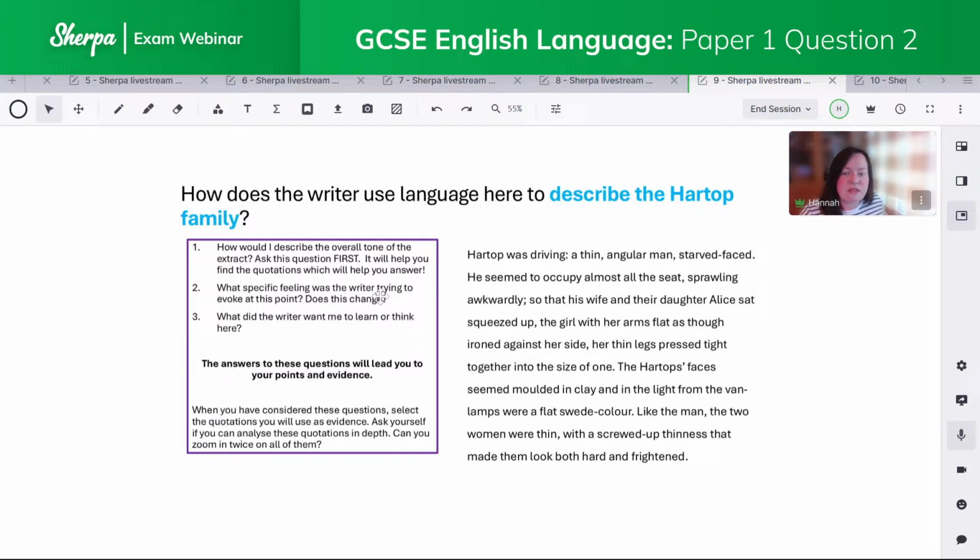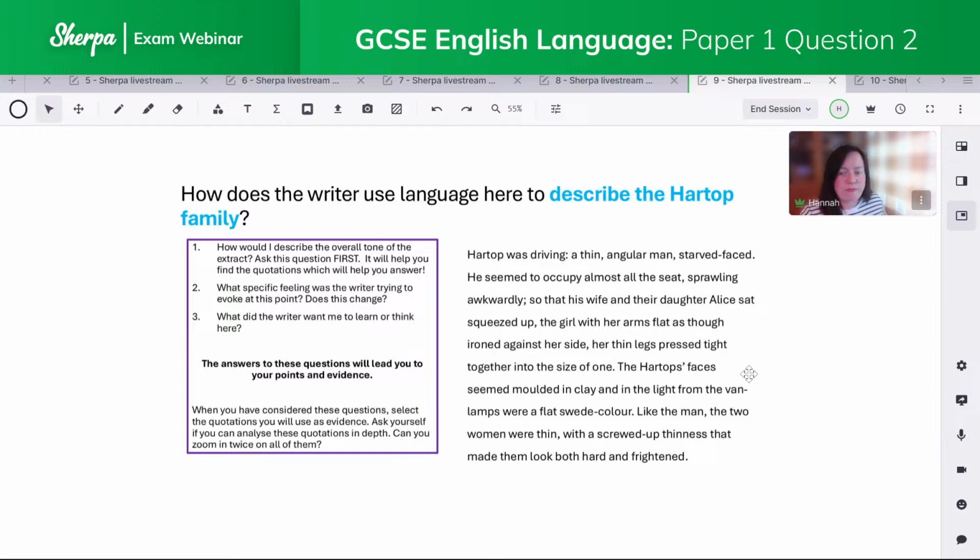What specific feeling was the writer trying to evoke, to create? I think the writer wants me to feel maybe a bit wary of Hartop, the father in particular. I think they want me to feel sympathy for Alice and his wife.